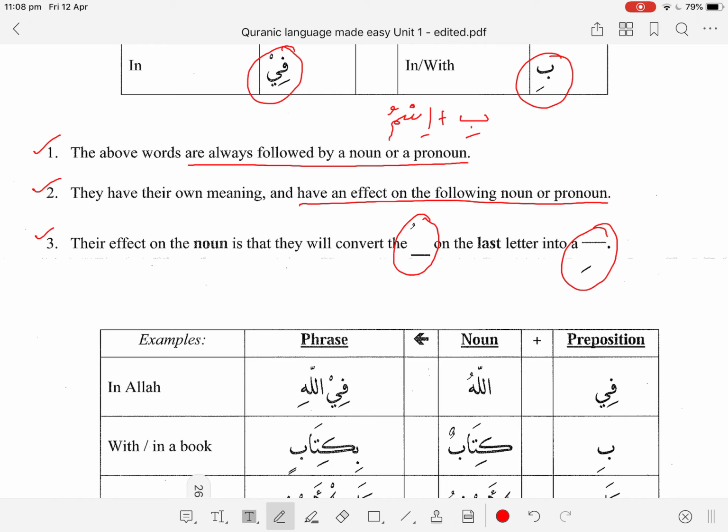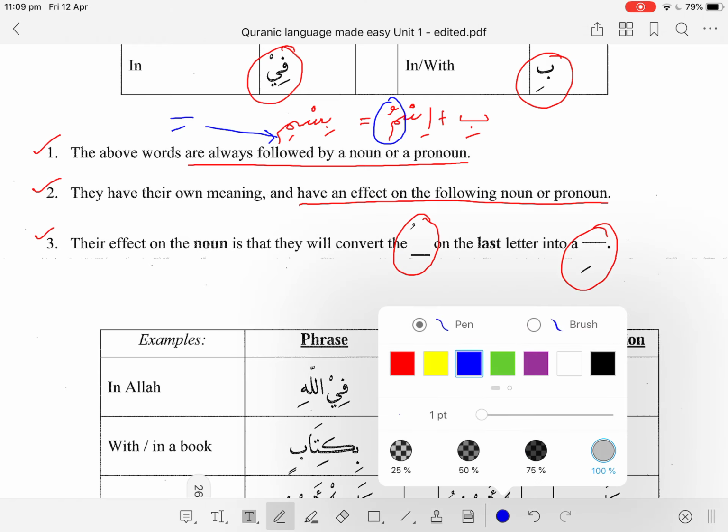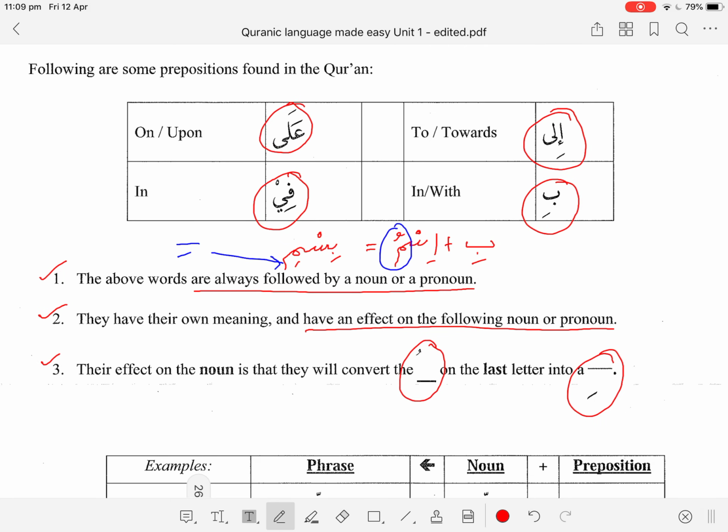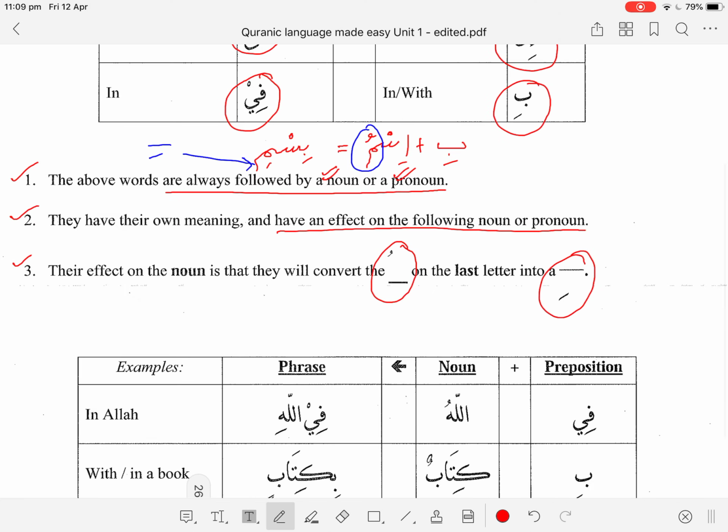So bi plus ismu becomes bismi. The important thing to note here is that it's in kasra state. Here it was in dhamma state. So this is the effect that these prepositions will have on both the noun as well as the pronoun. We'll discuss the pronouns a little later.